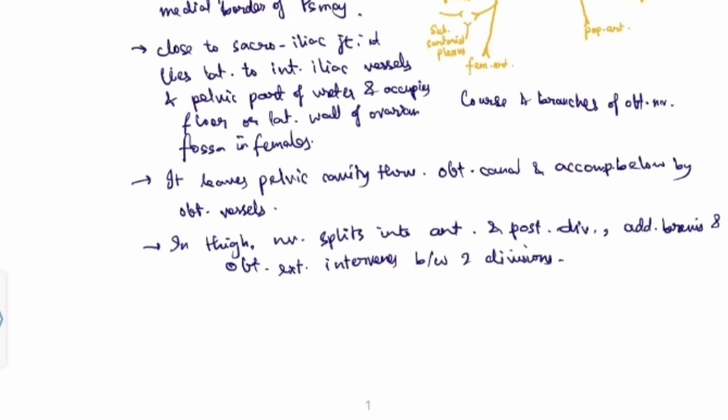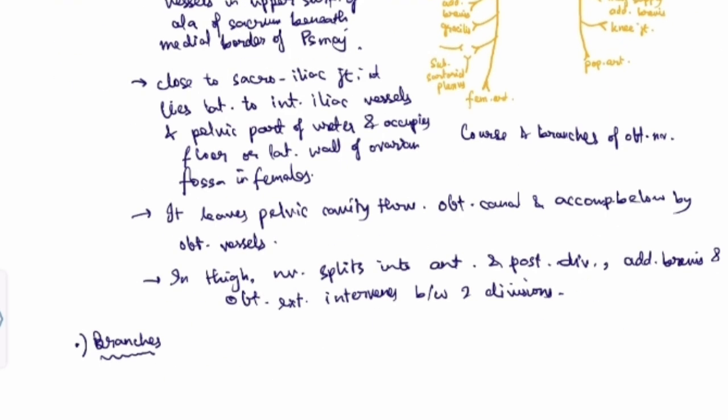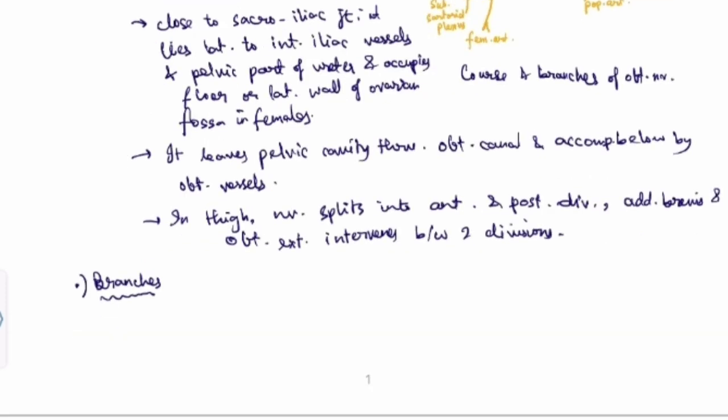Coming over to the branches. The branches are definitely divided into two parts. Why? Some are anterior division branches, some are posterior division branches. Mainly we will see that this is related to the adductor muscles only. So going on to the branches of the anterior division.